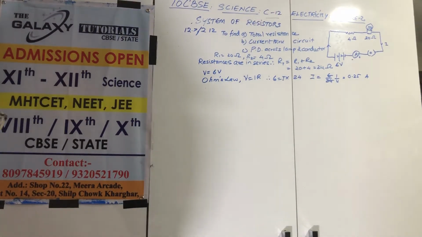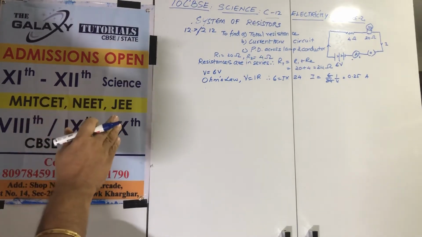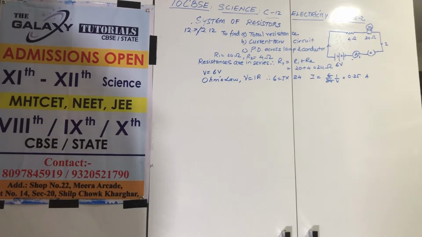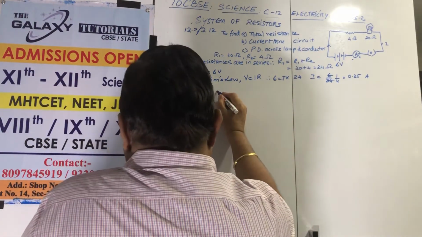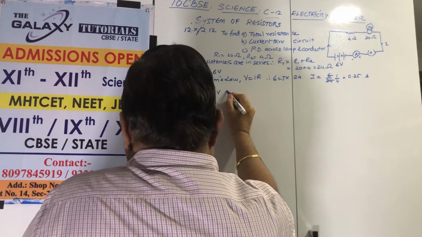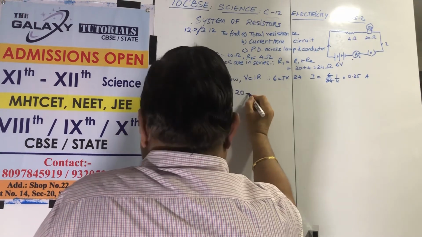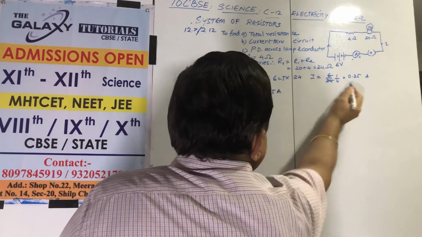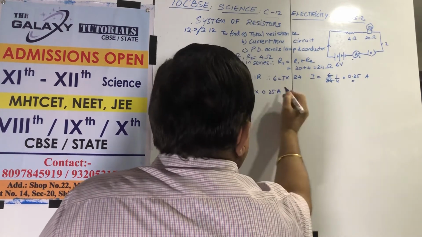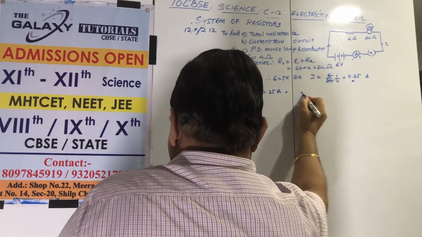Now, my friend, we have to find the potential difference across the resistor and the lamp separately. Okay. So, across the lamp, first we will see V is equal to 20 ohms into 0.25 amps. 20 is given for the lamp. So, I will get 5 volts.